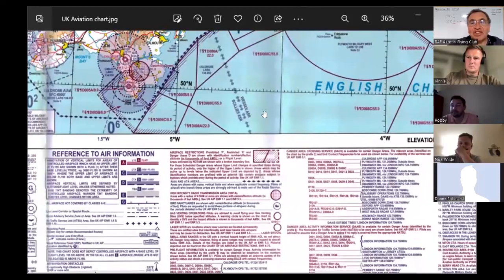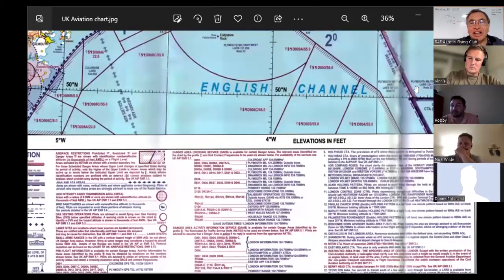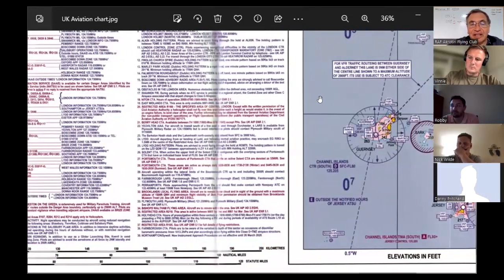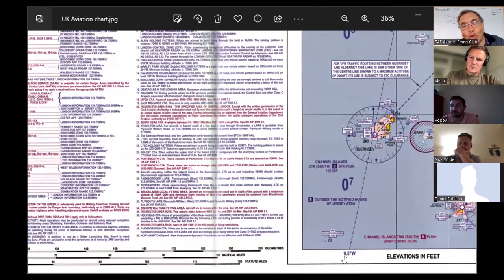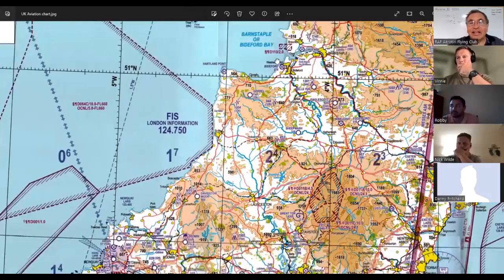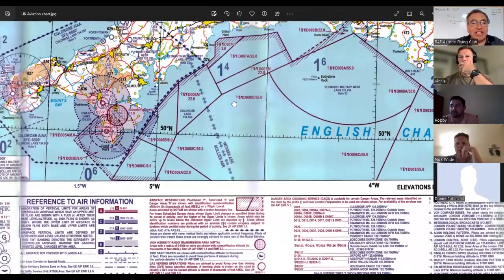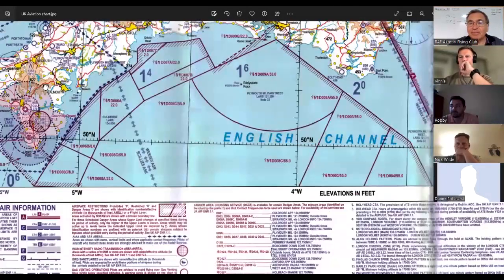And you can probably imagine that if I go round the chart here, you see there's another one here that says 0.5 degrees west. So that means everywhere on that line between there, that's 1.5.